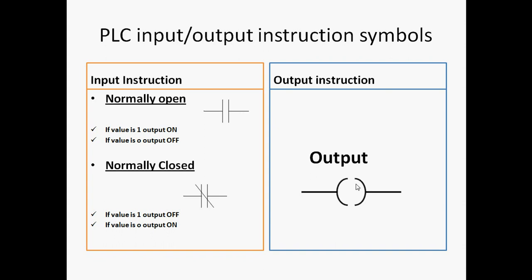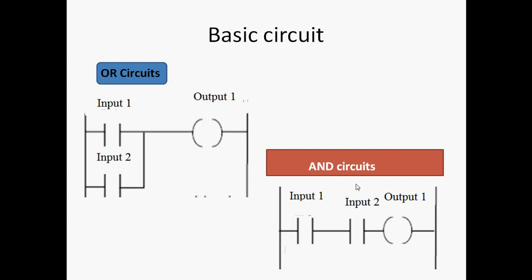The switch, such as an emergency start or stop button, is an input. The indicating lamp is considered an output. Motors and actuators can also be considered outputs. So this is about the basic circuits.